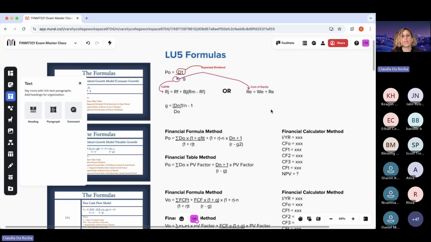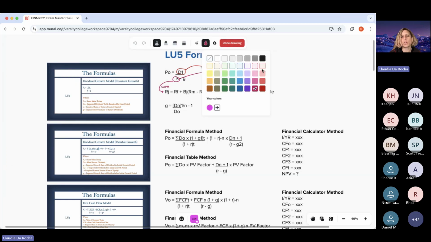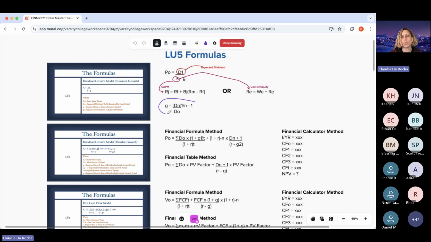The other formula that we need to know is your growth rate formula. The growth rate formula is not specifically stated in your textbook.